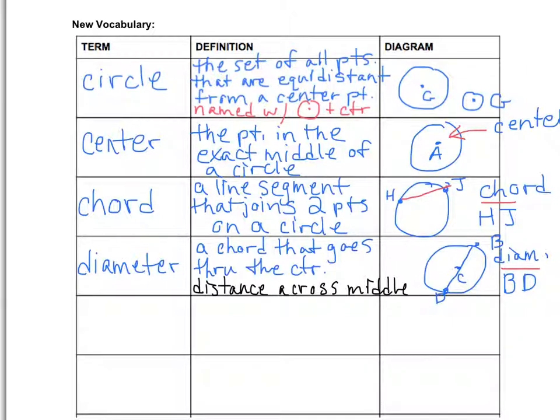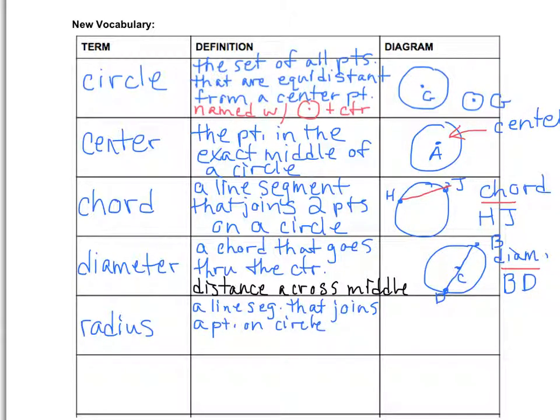Next on our list for today we have radius. And the radius, you guys, is still a line segment, but it's a line segment, I'm just going to abbreviate here, line seg, that joins two other points, not both on the circle, but it joins a point on the circle and the center.